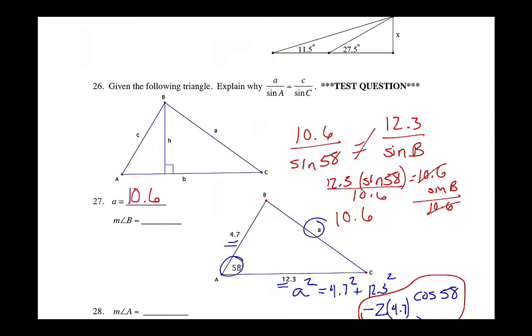So I take 12.3 multiplied by the sine of 58, and then divided by the 10.6, I'm getting that to be about 0.9840, and that should equal the sine of B. So here's where I have to do the sine inverse of that number to figure out what the actual angle B is. So I take the sine inverse of that 0.9840, and I get that angle B must be about a 79.7 or 80 degree angle. And that's how you do it if you have a side angle side relationship.